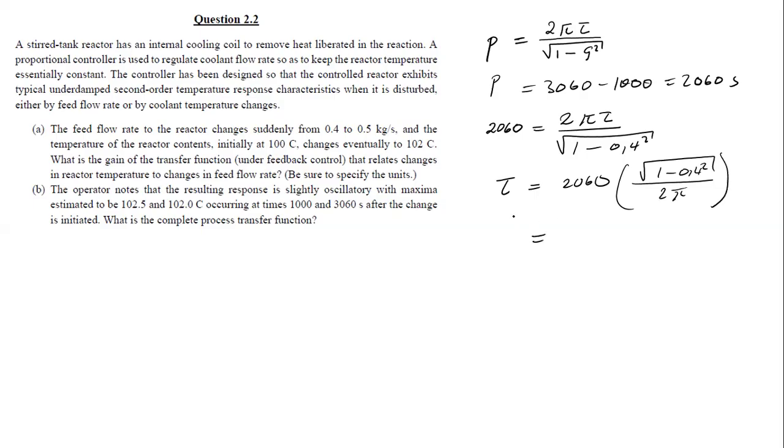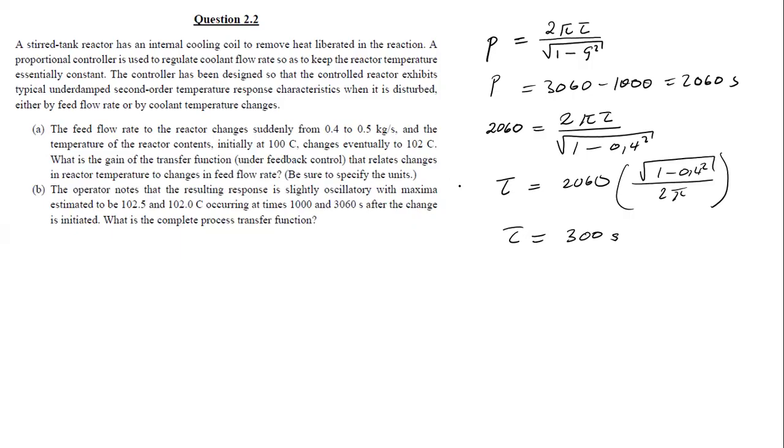Let's see how much it is. 2060 times the square root of 1 minus 0.4 squared, divided by 2 times pi. The answer is 300.49, so it will be 300 seconds. This will be our time constant.